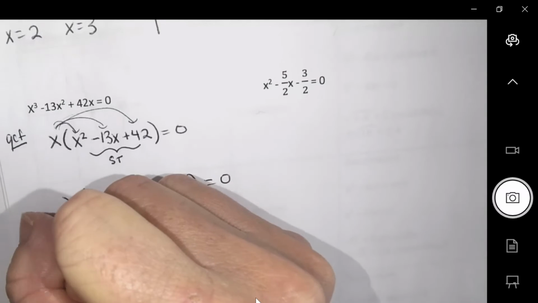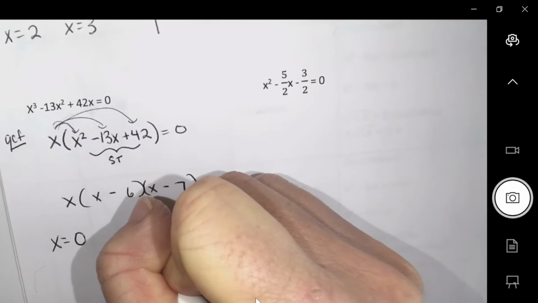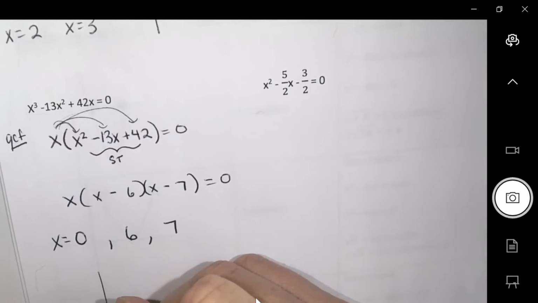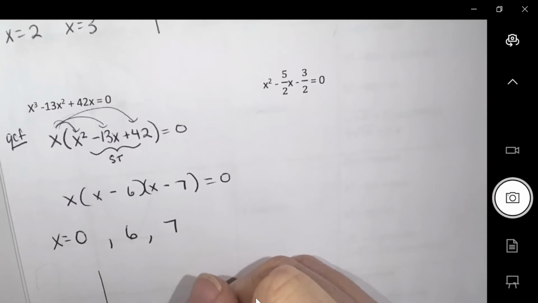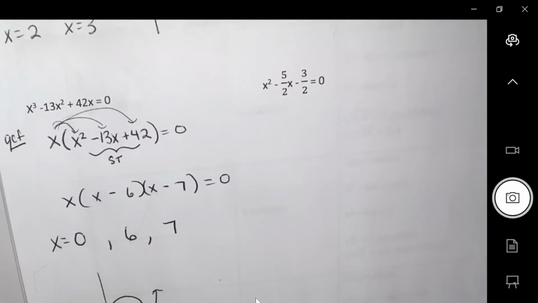X equals 0, x equals 6. This x could be 0, this x would be 6, and that x would be 7. Okay? I think I gave you a sneak peek at your grade 12. You're going to graph that. 0, 6 and 7. That's what you're going to graph in grade 12.